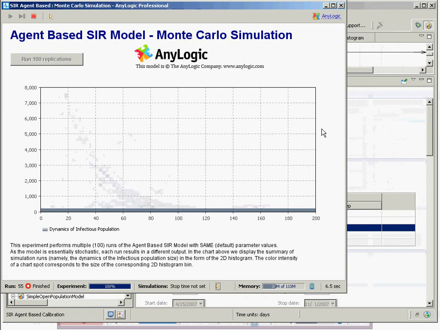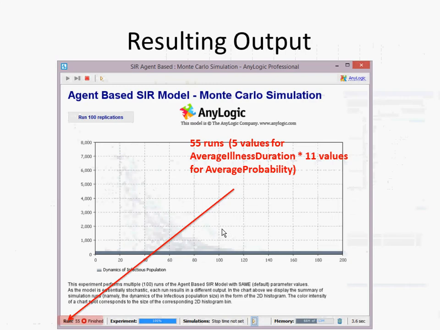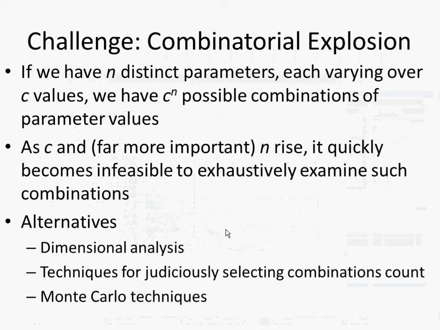One of the challenges that comes about by this is that if you want to conduct sensitivity analysis with respect to n parameters, there's going to be a combinatorial explosion in the number of different values you have to look at, different possible parameter combinations. Without going into it now, there's ways through dimensional analysis techniques and techniques for judiciously selecting combinations, such as orthogonal arrays or Latin hypercubes.